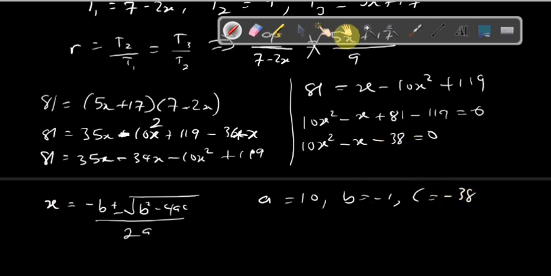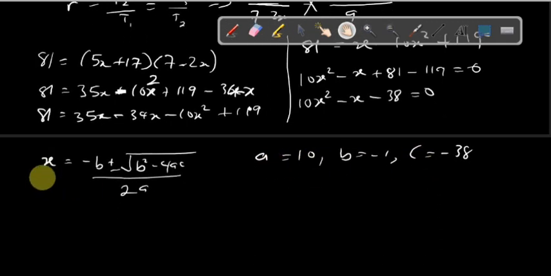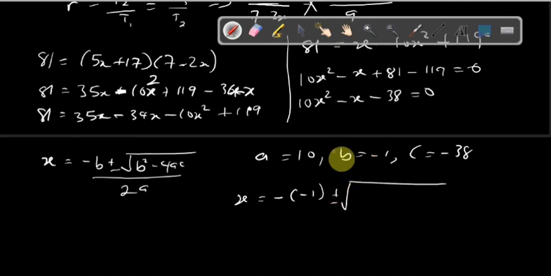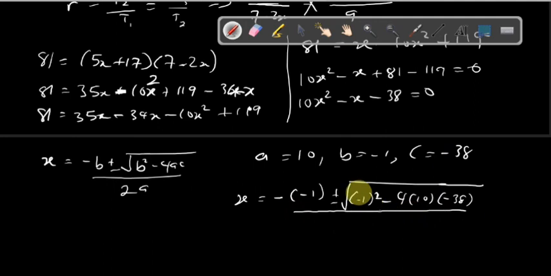So let's just plug these values into this equation. We have x equals minus 1, that's b, plus or minus the square root of b squared, that's minus 1 squared, minus 4 times a, which is 10, times c, which is minus 38, all over 2 times a, which is 10.